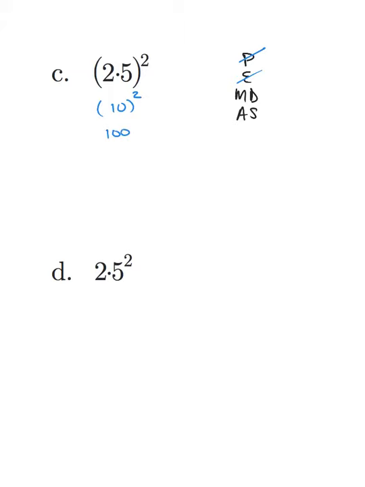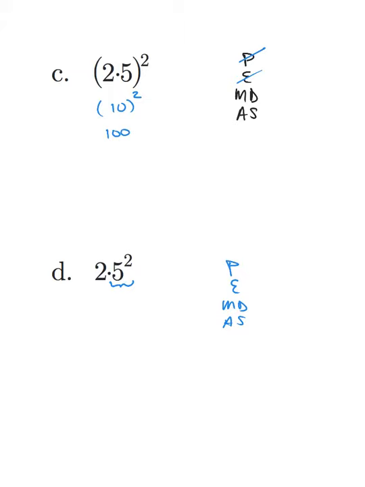And you're done. Now if you look at C versus D, the only difference between these two problems is one of them is inside parentheses and one is not. So how big of a difference is it going to be with parentheses versus no parentheses? Well, if we look at D, what's the first thing that we need to do? Since we have no parentheses, the first thing that I need to do is exponents.